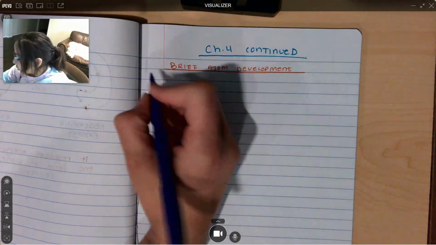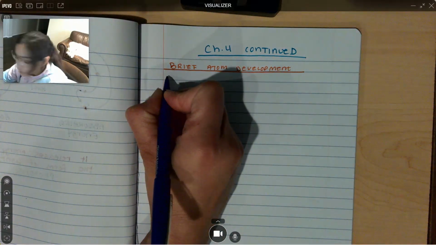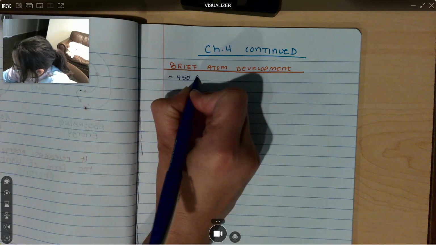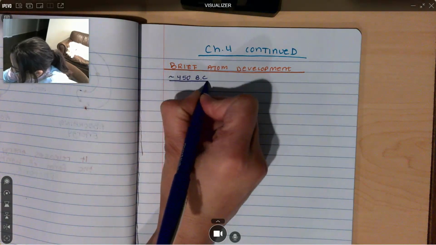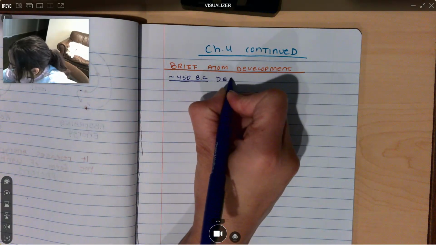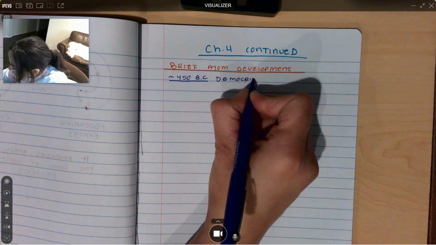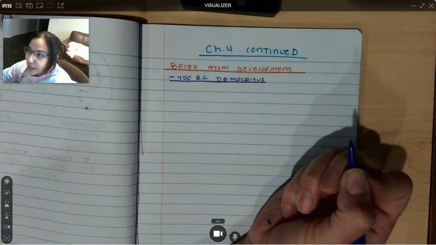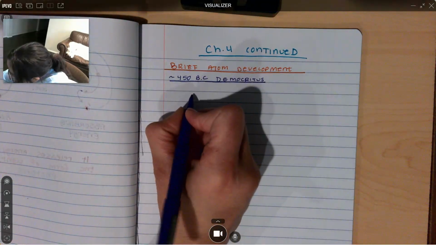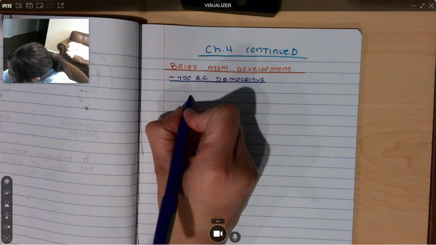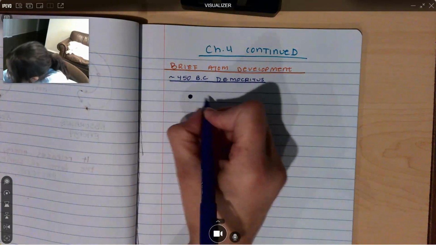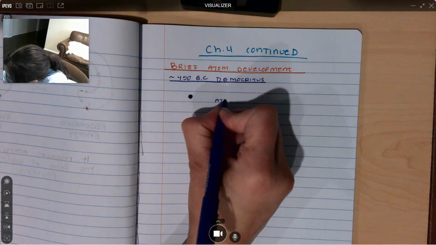So the first thing is we have Democritus, in about 450 BC. Now, Democritus was not a scientist, he was a philosopher, and he said that all matter is made of tiny, indivisible little particles called atomos.